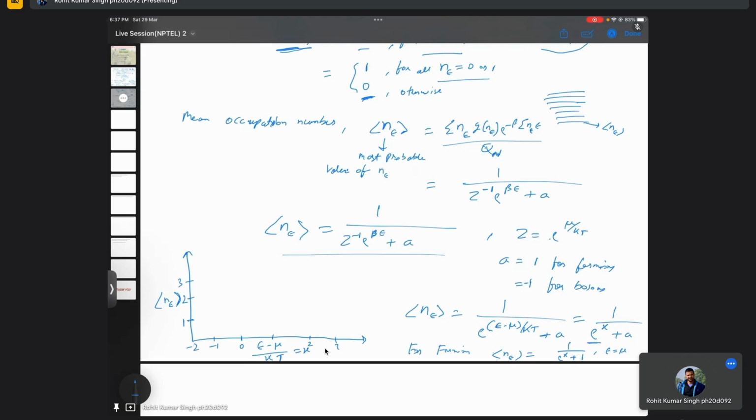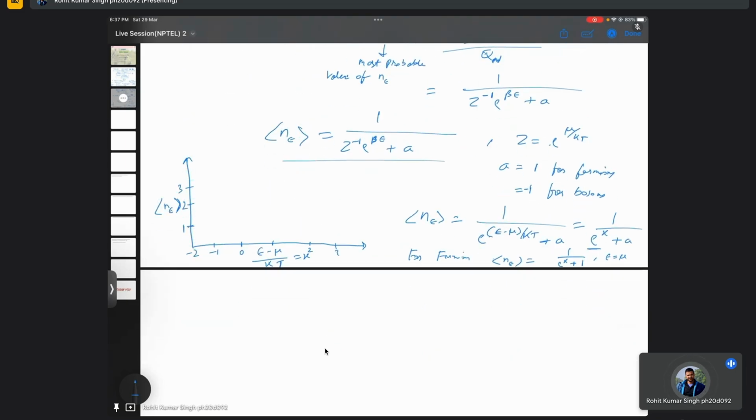And so Ne is equal to 1/2 if E is equal to mu, and your x is 0.